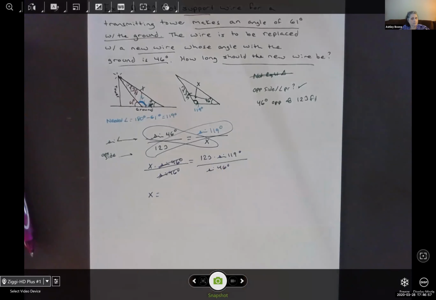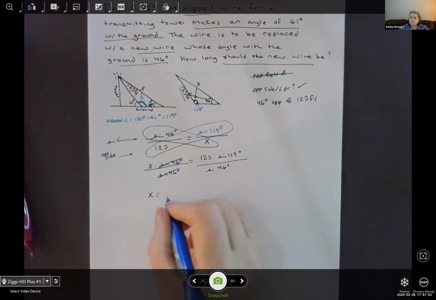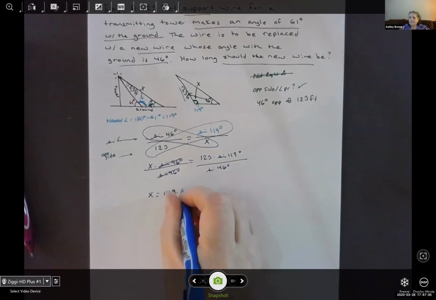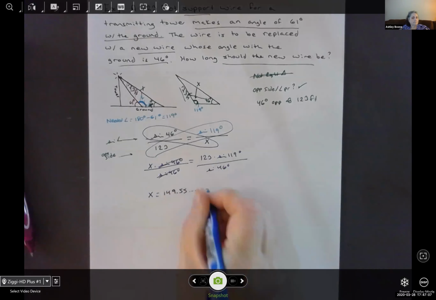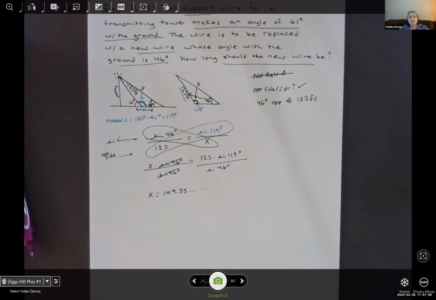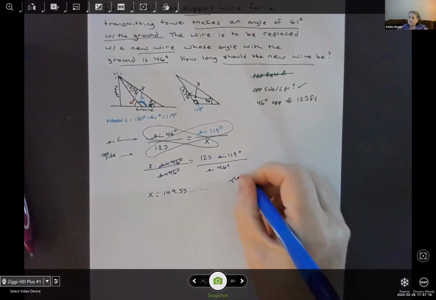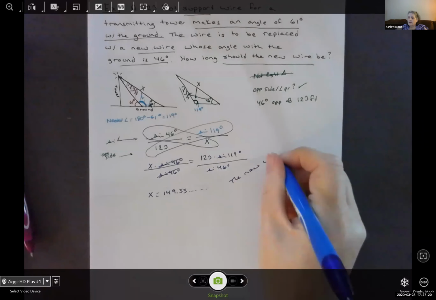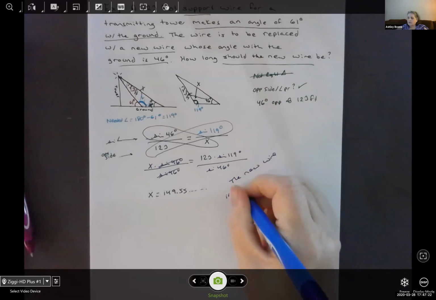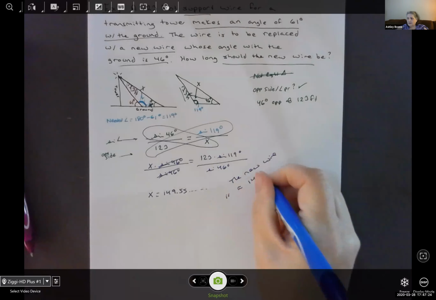Make sure everything's set up. It's in degree mode. Make sure that you type it all in, okay? And that ends up being 149.55, goes on, okay? Well, if we look at that, I'm going to go ahead and say the new wire is about 149.6 feet long.